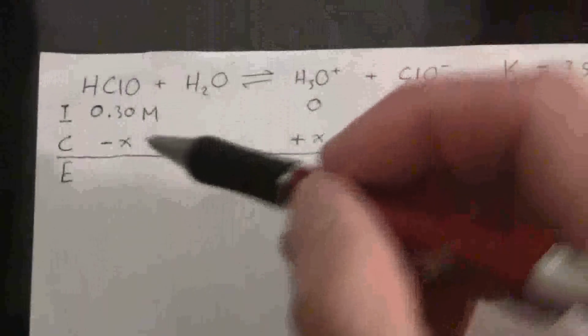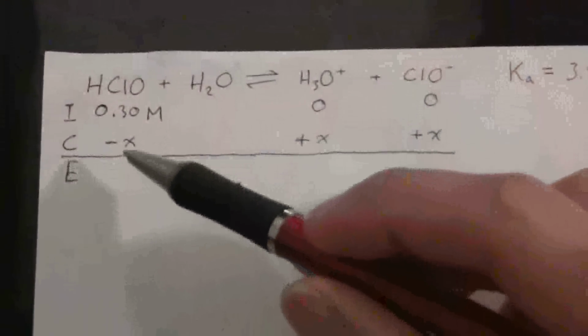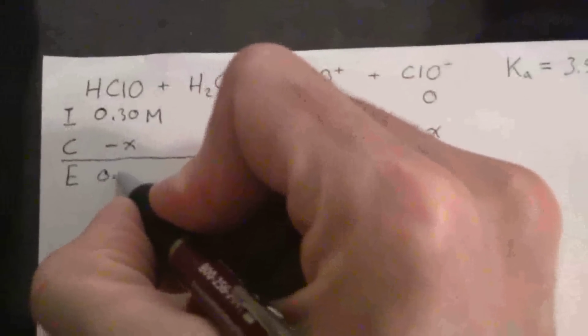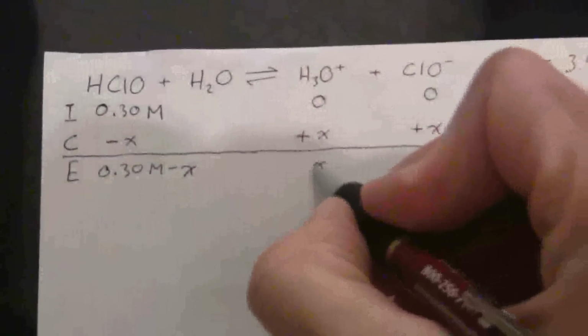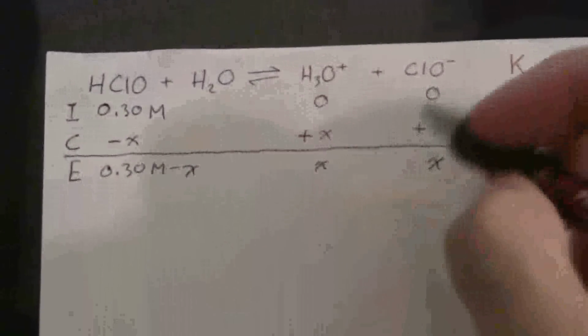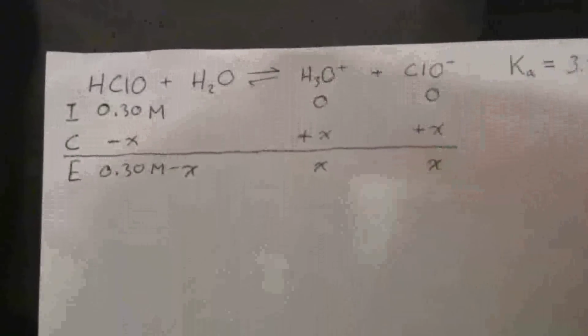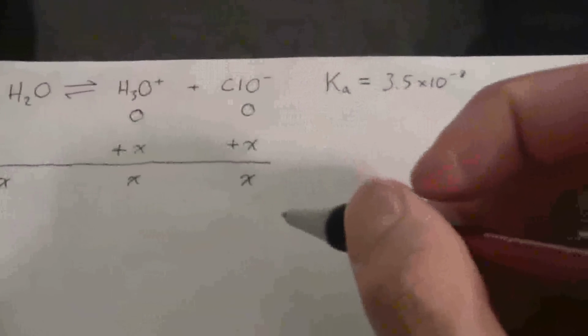All the coefficients are 1, so those are just minus x and plus x. At equilibrium we'll have 0.30 molar minus x for our acid concentration, and then x and x for the hydronium ion and the hypochlorite ion.